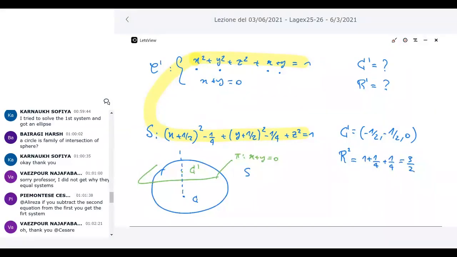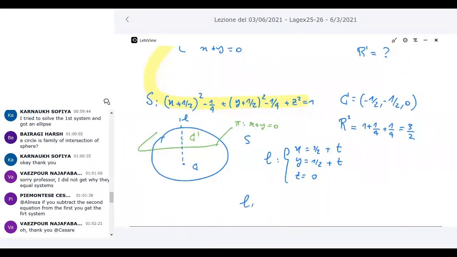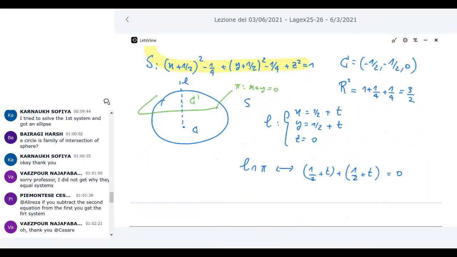So we need to find the line L, which goes through the center of the sphere, 1 over 2, 1 over 2, 0, and it has the direction vector, which is the normal vector of the plane, okay? And then you have to intersect with the plane. So L intersect pi, I find by solving 1 over 2 plus t plus 1 over 2 plus t equal 0, which happens exactly when t is equal minus 1 over 2.